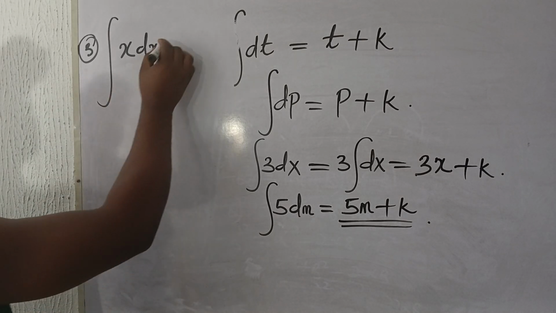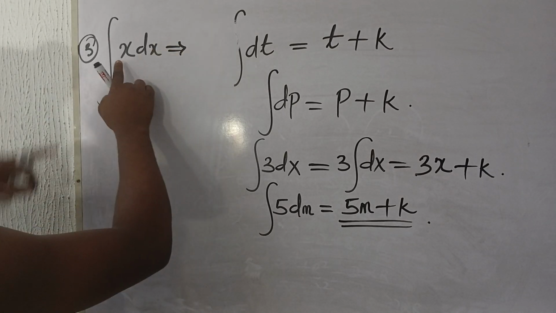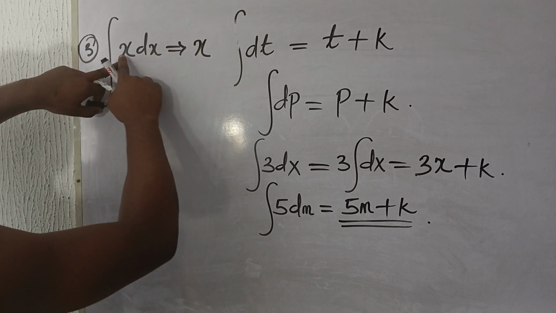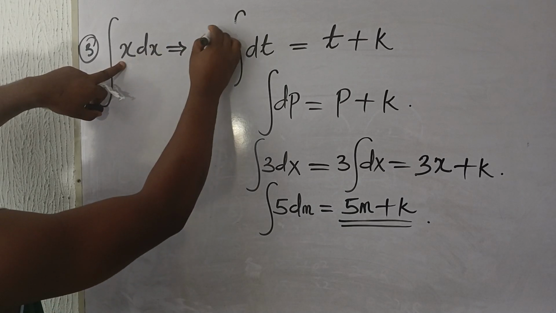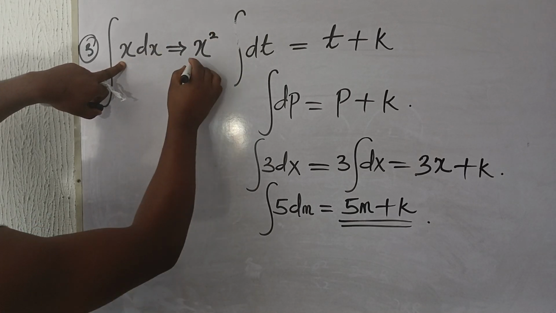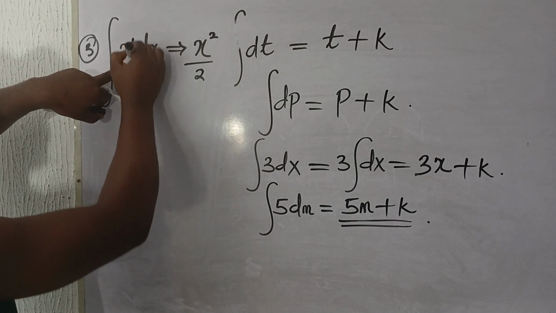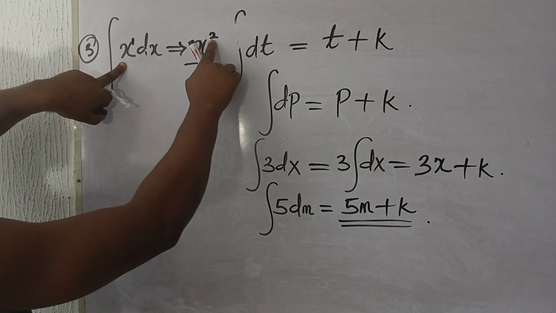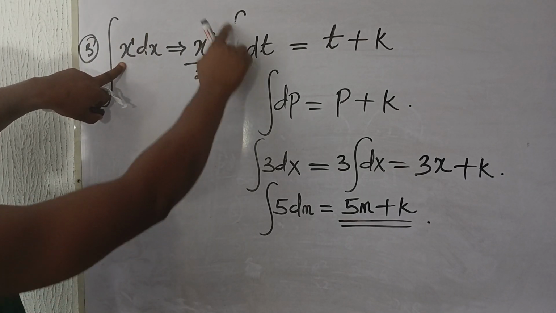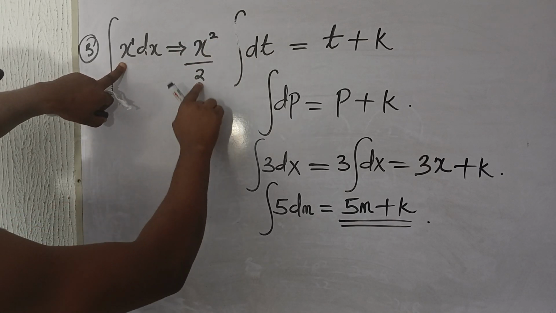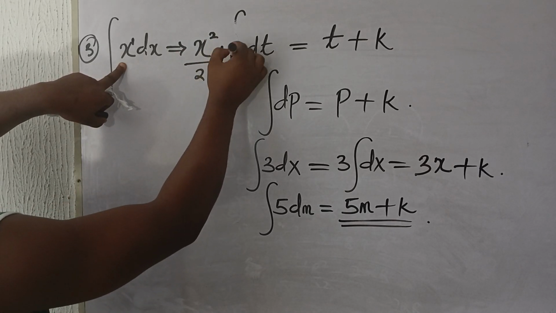What are you going to do? Come to this particular letter here, put 2 on top of it, and divide it by 2. Divide it by this, because the power of this is 1. So add 1 to that power, we have 2. Then divide it by what you have as your power, which is this, plus your constant of integration.